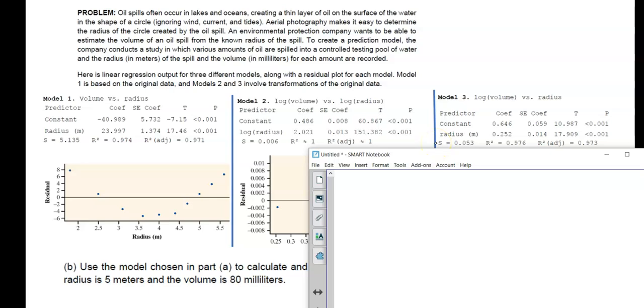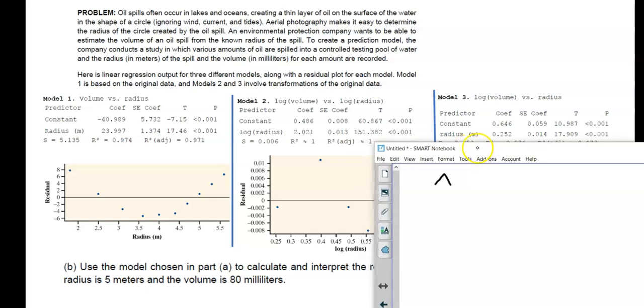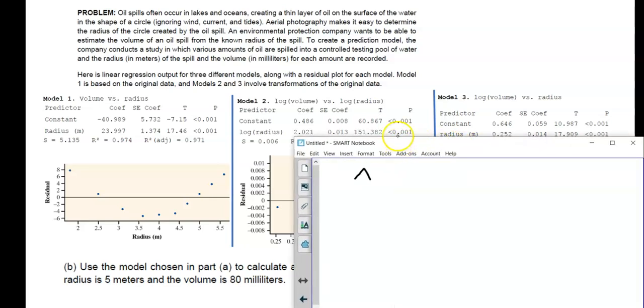So our equation would be, log radius is the x value, so this would be log of volume equals the y-intercept of 0.486 plus 2.021 times the x variable, which is log of the radius.